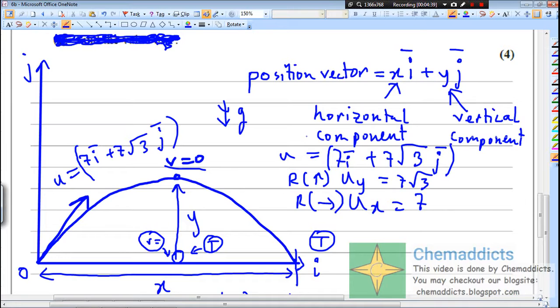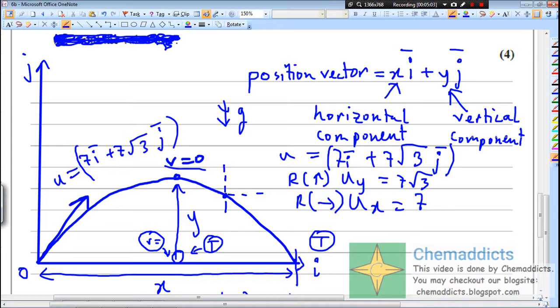We have also derived the equation before. What we are going to look at is the position vector at a particular time.